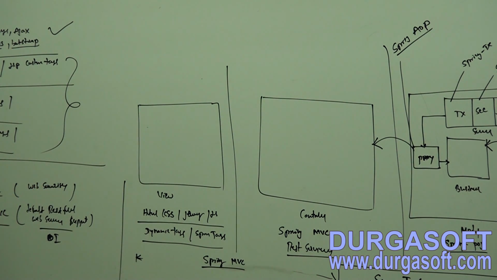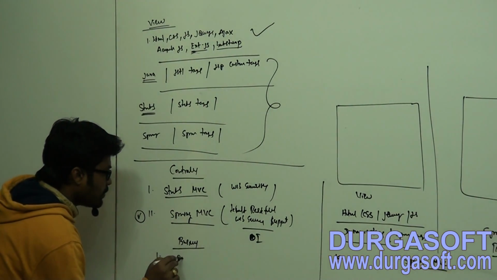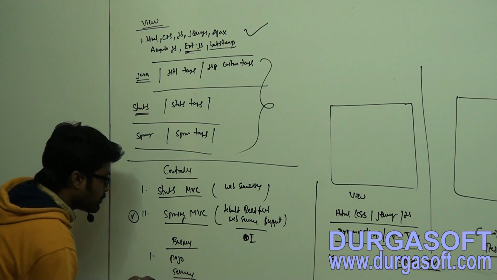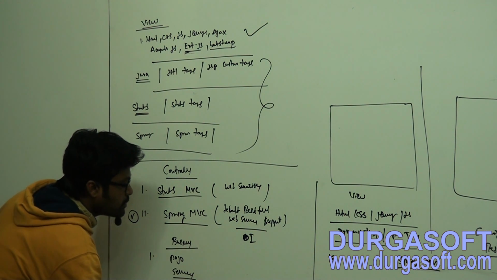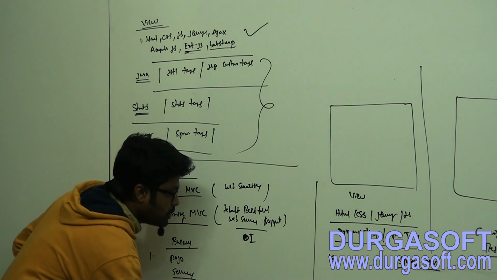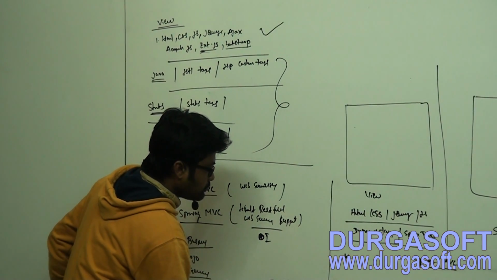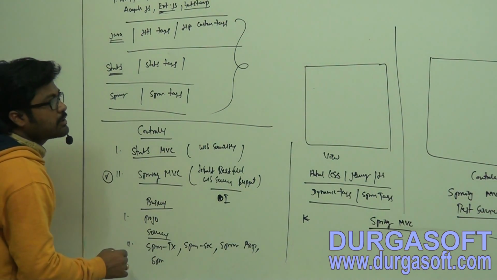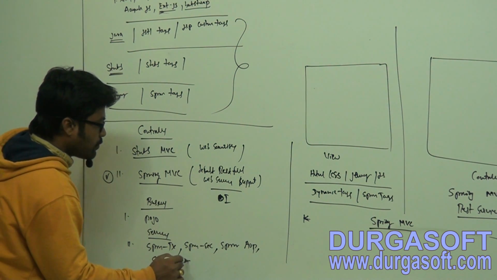So for business, just simple POJOs I want to use, and for services: Spring transactions, Spring security, Spring AOP, Spring JMS, Spring Quartz services.